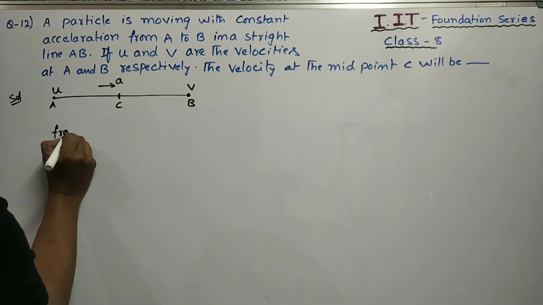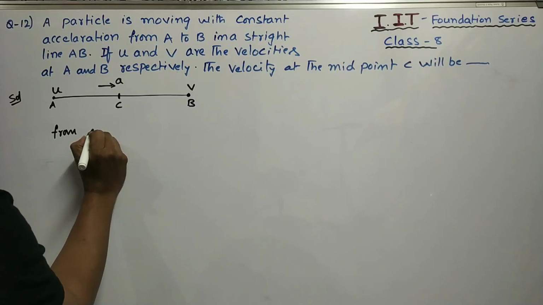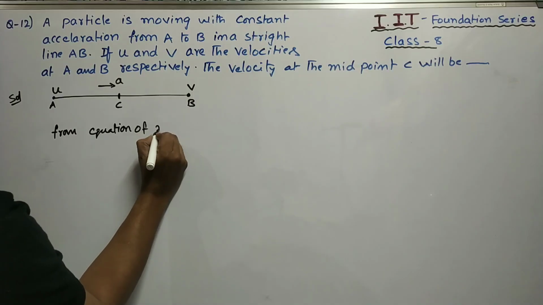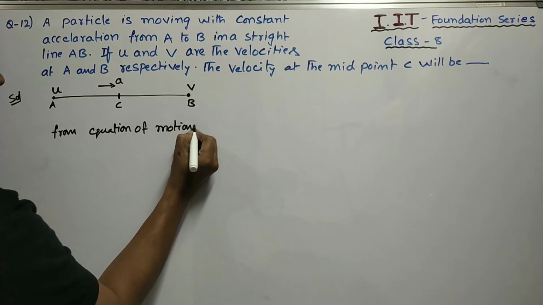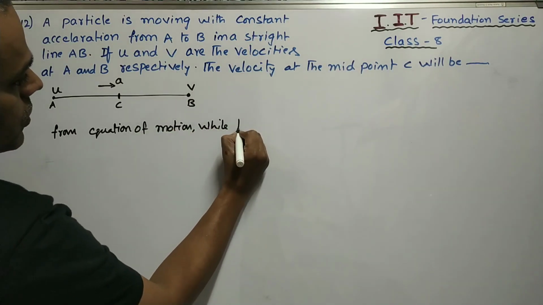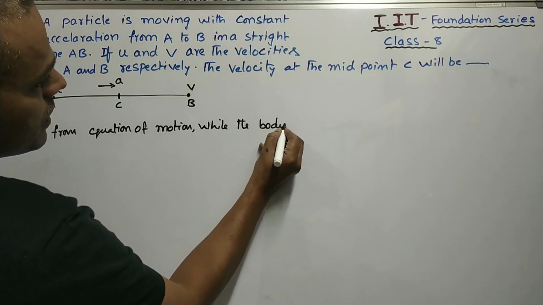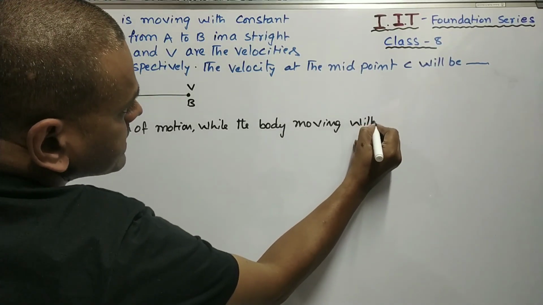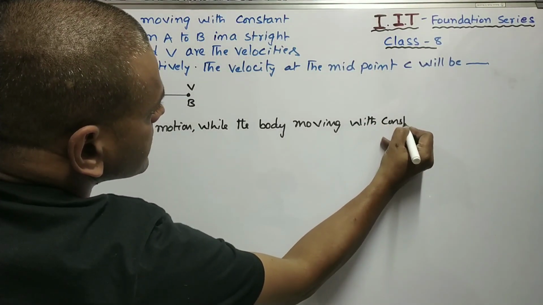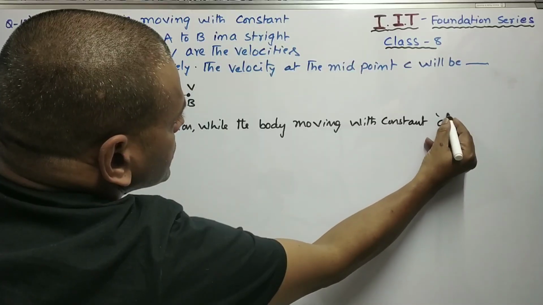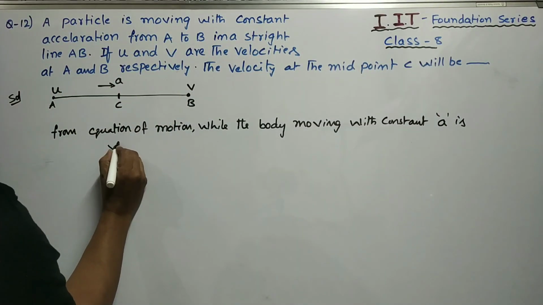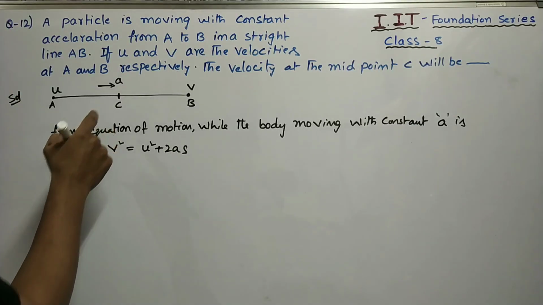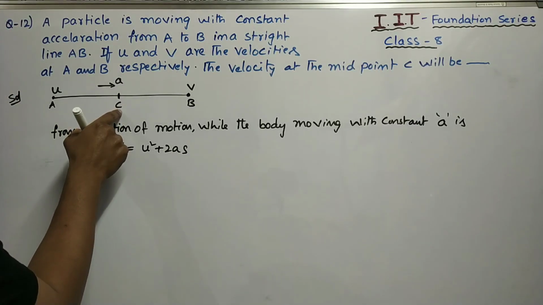So from equations of motion, while the body is moving with constant acceleration a, v square is equal to u square plus 2as.